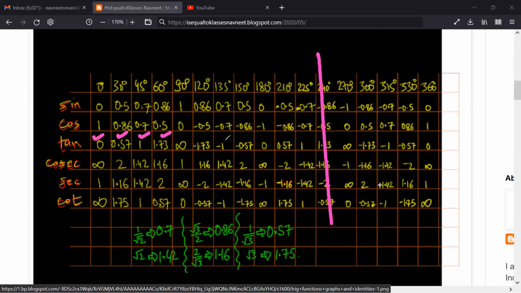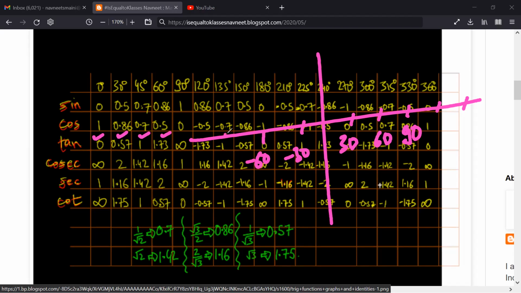So basically, if this is 30 degree, let me say this is 90. This is 90. 30, 60, 90. This is minus 30. This is minus 60. This is minus 90. So here I only have one other value, which is 45 degrees.